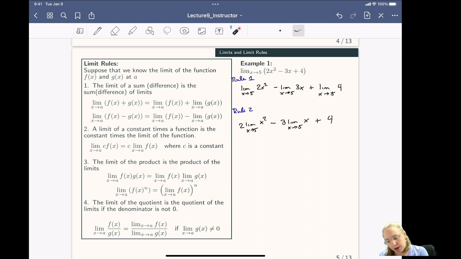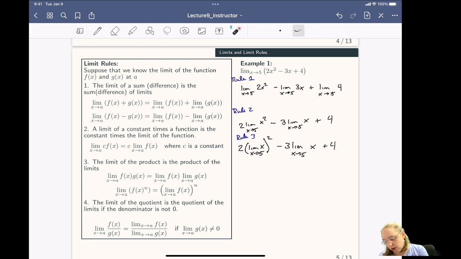Okay, so we have one place that a product shows up here. We have this x squared here. So this becomes 2 times the limit as x goes to 5 of x, squared, minus 3 times the limit as x goes to 5 of x, plus 4. So this is rule 3.